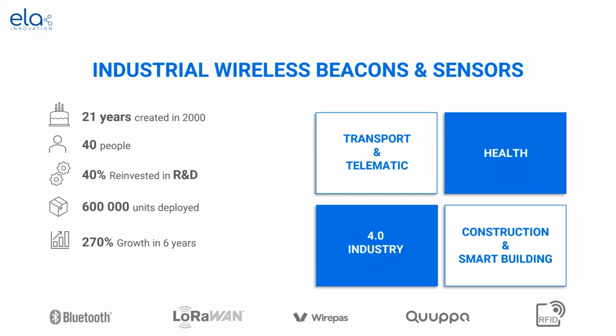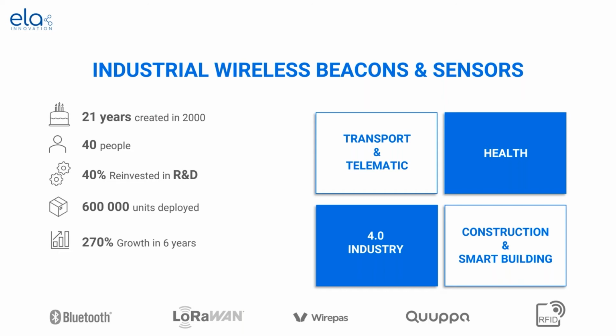Each year, ELA reinvests 40% of everything in the R&D. We have deployed for the moment more than 6,000 devices worldwide. And during the last 6 years, the growth was 270%.